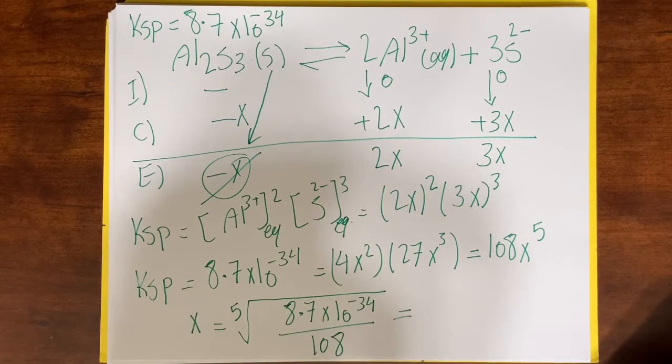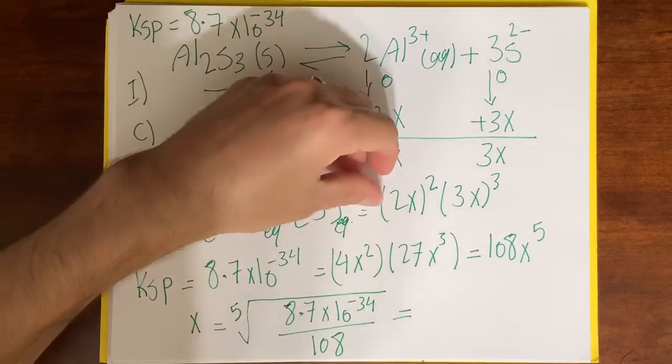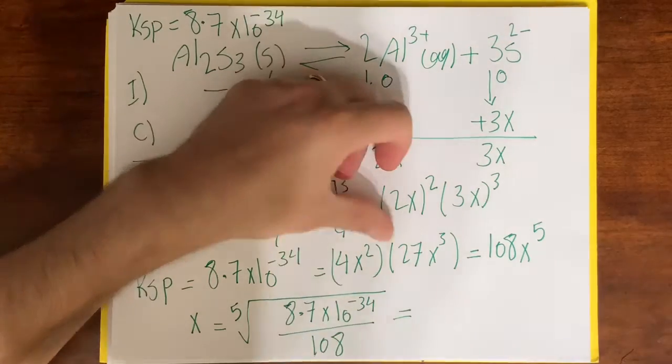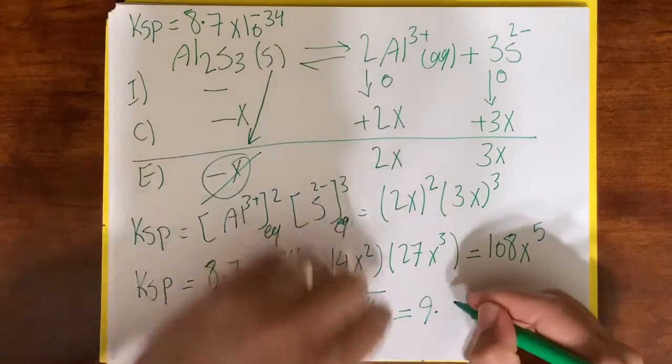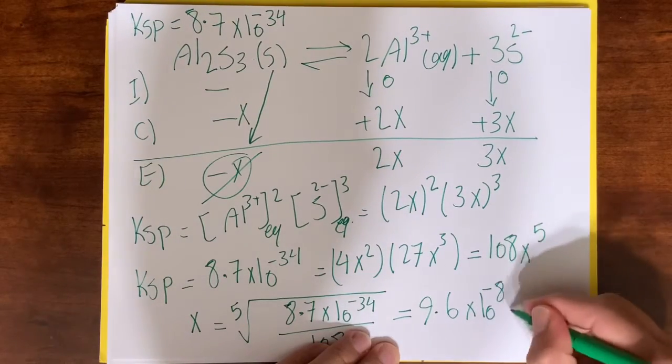Power of 1 divided by 5. That's going to be 9.58 or 9.6. 9.6 multiplied 10 to the power of minus 8 molar.